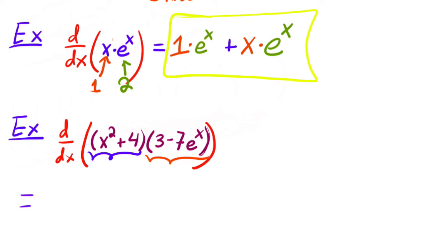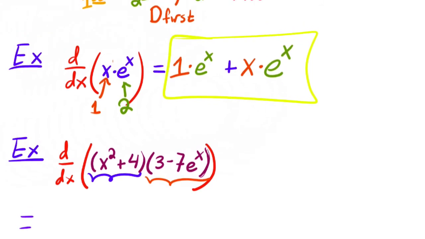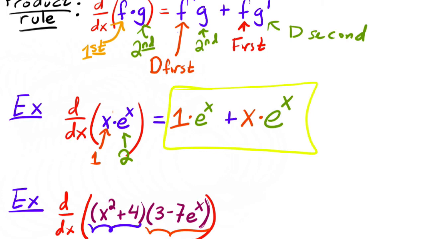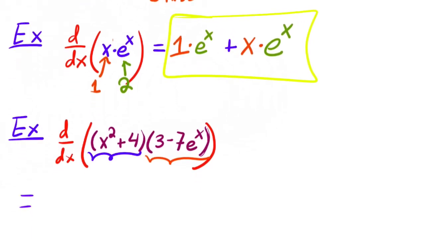Okay, so the product rule says derivative of the first times the second.